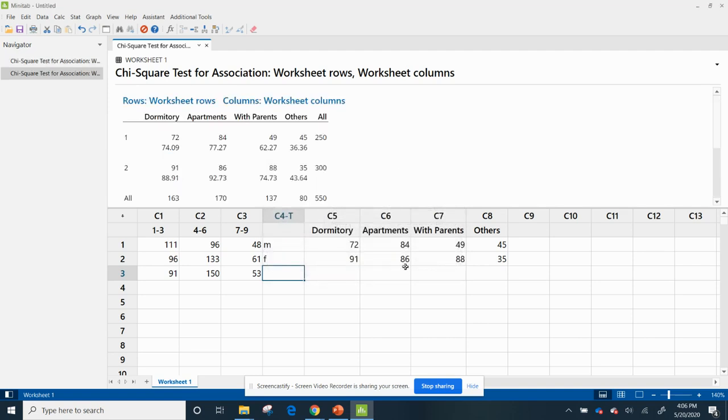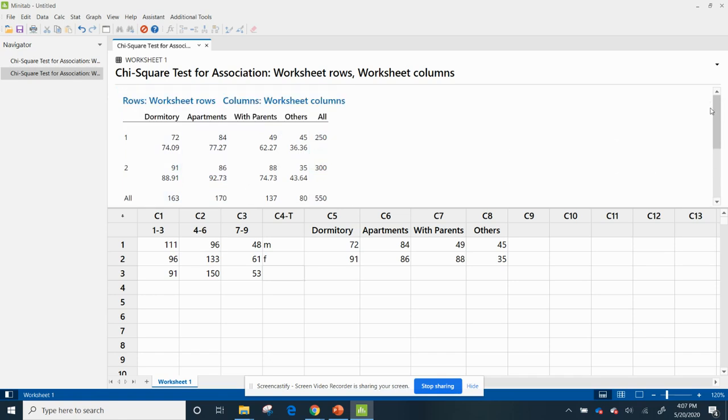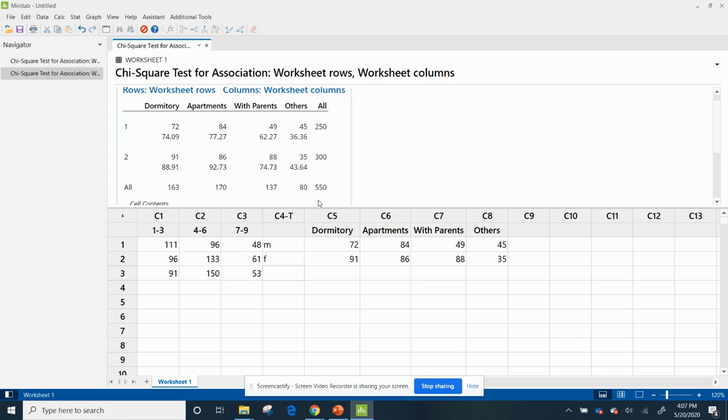Again, it gives me the observed and the expected. It gives me the totals in each category. So for the dorm, 163 males and females live in the dorm. Apartments, 170. I don't even have to do it by hand. It gives it to me, which is great.